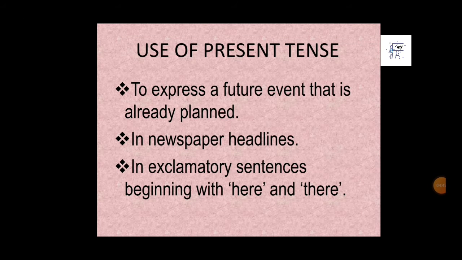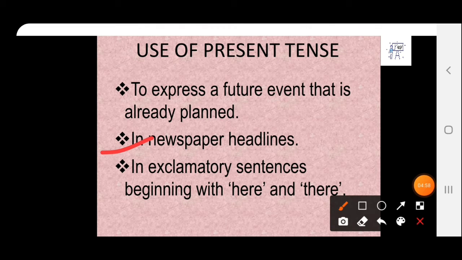Next, now we will see other uses of present tense, meaning where we can use present tense. Present tense is used to express a future event that is already planned. Okay. And next is in newspaper headlines. Usually we read newspapers, but we never notice that in newspaper headlines, present tense is used.